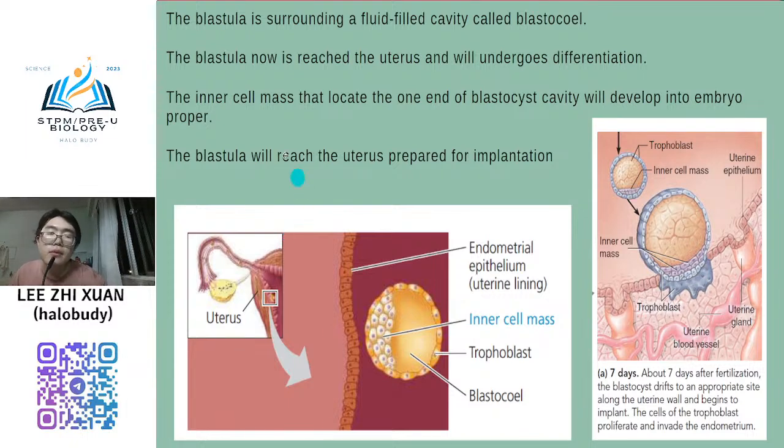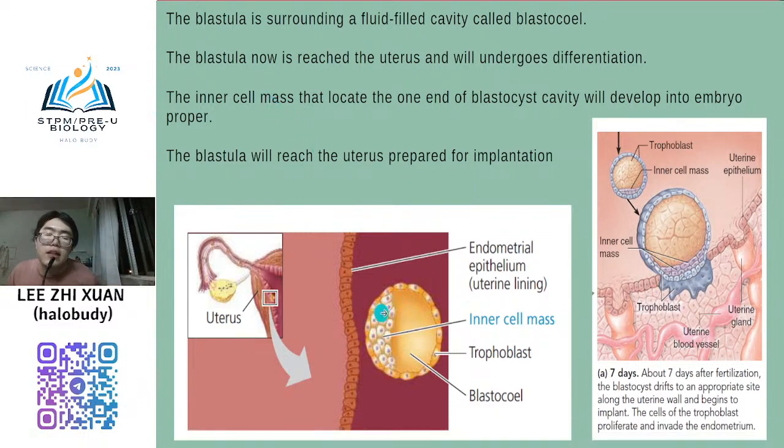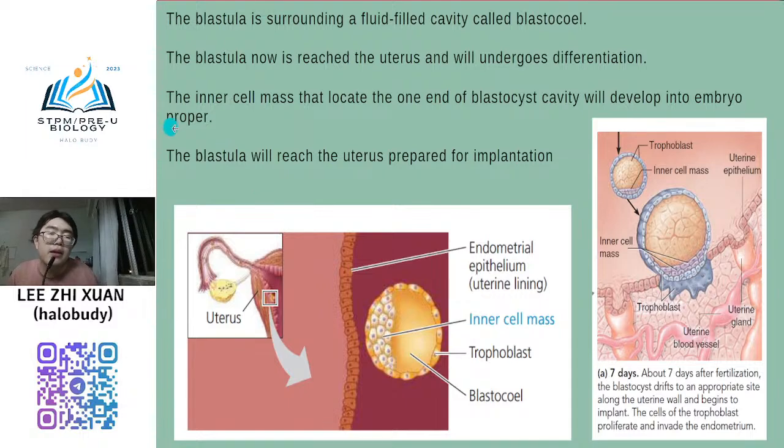Normally the implantation starts when the inner cell mass implants first. The inner cell mass faces the endometrium wall, not the blastocoel. The inner cell mass located at one end will develop into the embryo proper, and then the blastula will reach the uterus, preparing for implantation.